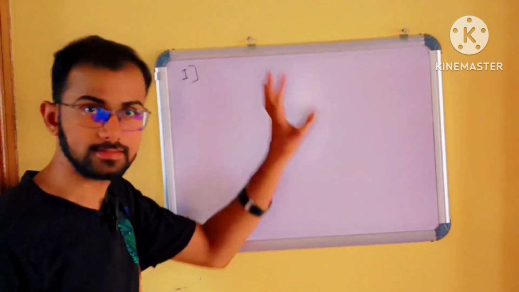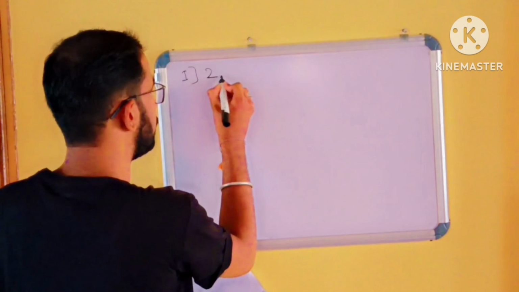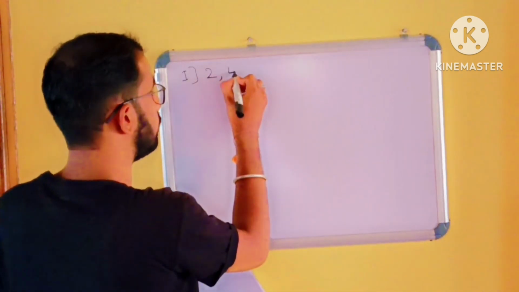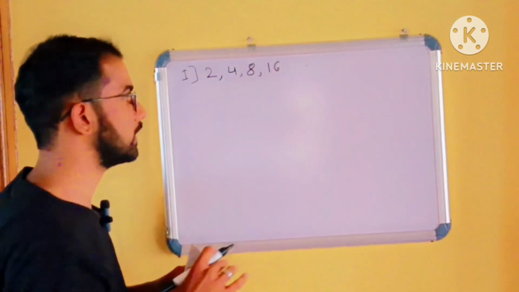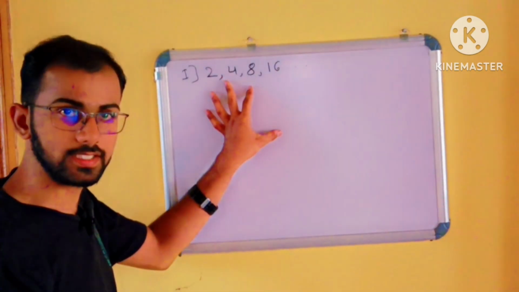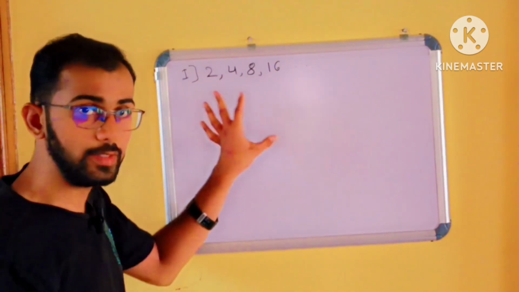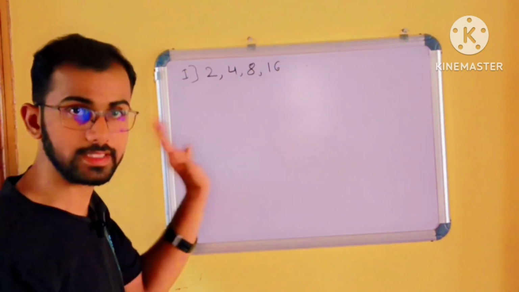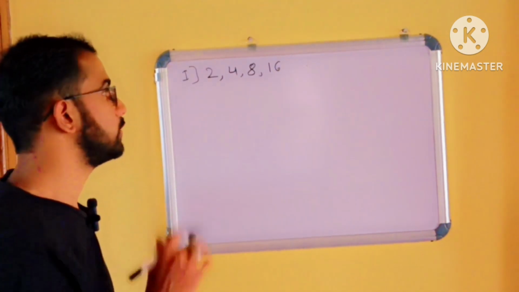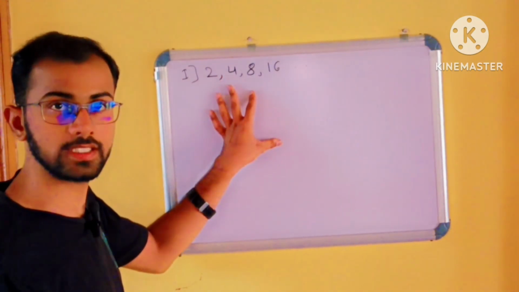The first sequence is 2, 4, 8, 16, and so on. This is the list of numbers given. We don't know whether this is an arithmetic progression or not. That is the task given. So let's see how we can check whether this is an arithmetic progression or not.